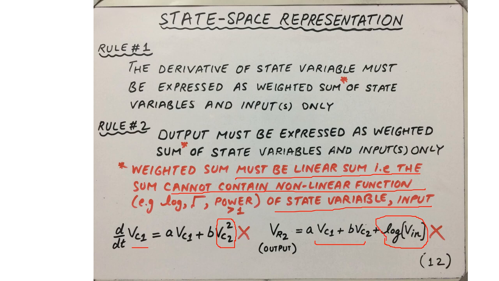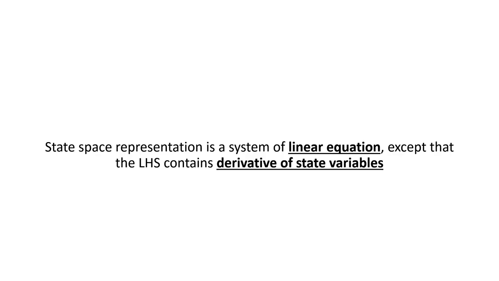These rules must be obeyed to be able to correctly obtain the state space representation of this physical system. We have seen that the state space representation is very similar to a system of linear equations, with an exception that the left hand side may contain the derivatives of the state variables.